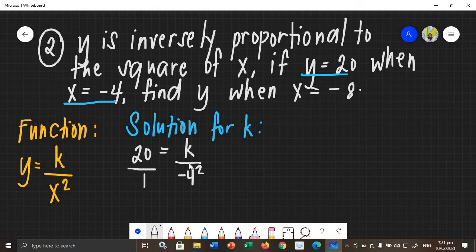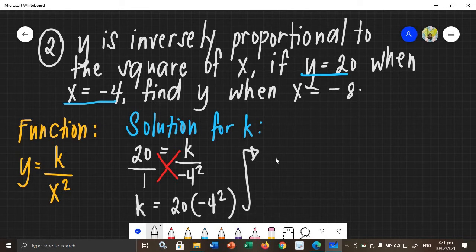So, we have 1 as the denominator of your 20 para ma-cross multiply natin siya. Okay? Now, k is equal to 20 times natin sa square ng negative 4. So, continuing the solution, we have k is equal to 20. Tapos, si negative 4 squared is equal to 16.